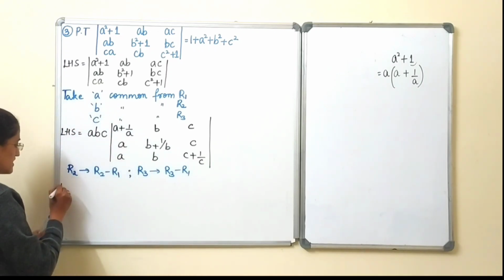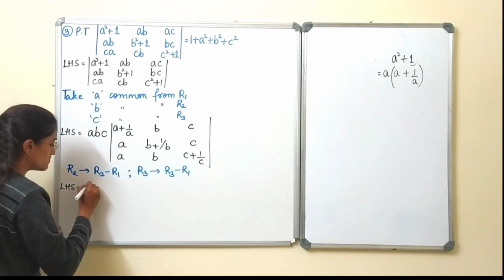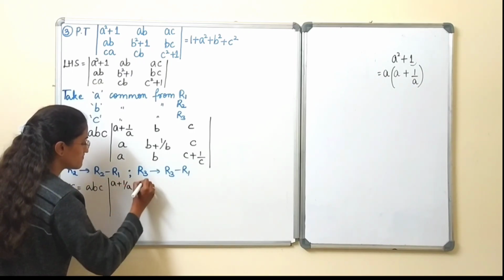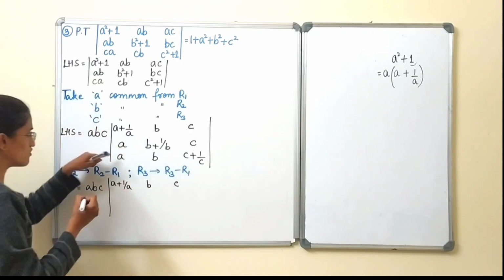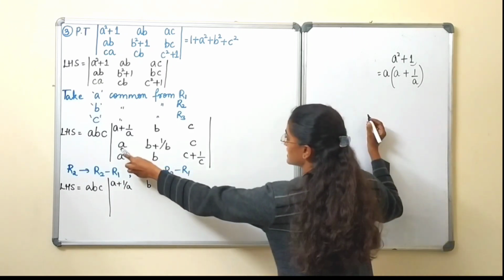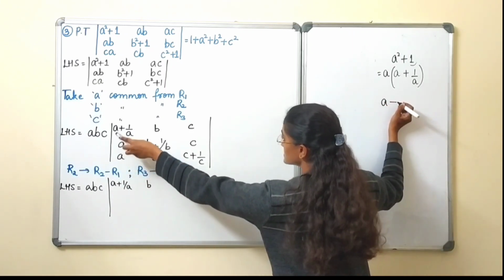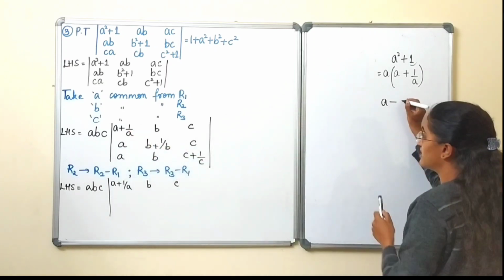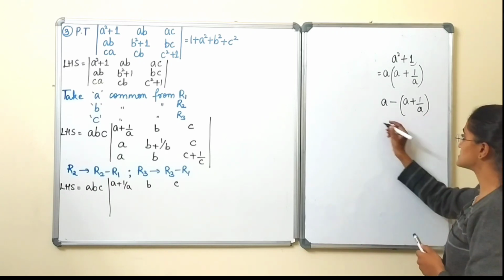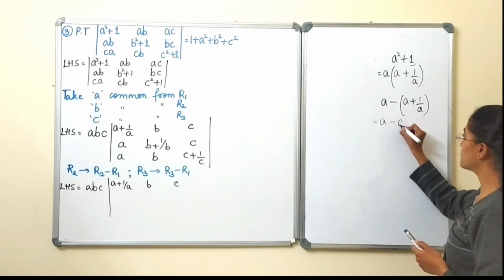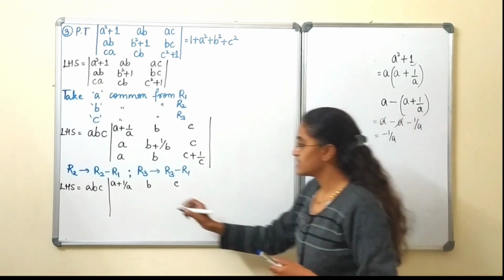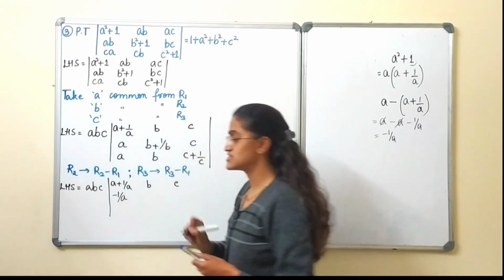Now the LHS will be equal to, the first row remains the same. Now the second row elements, if you are subtracting these elements, the first element A minus the corresponding element in R1 is A plus 1 by A. Use the brackets to avoid sign mistakes, and hence we get A minus 1 by A, and we are left with minus 1 by A. This will be our element of R2.